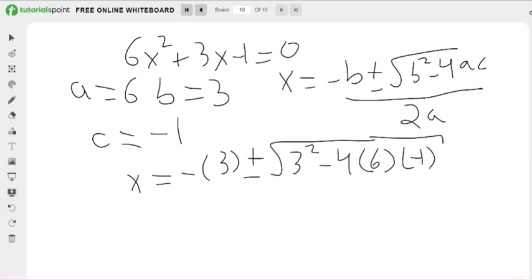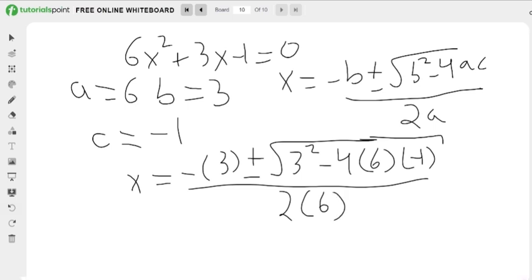Something to keep in mind is that the square root is over this whole quantity of b squared minus 4ac. And then this whole thing is all over 2a, and our a is 6. Now we want to simplify this further to get an exact answer, like I mentioned at the beginning of the video, so that we can plug that value into our equation and set it equal to 0. Let's simplify this further.